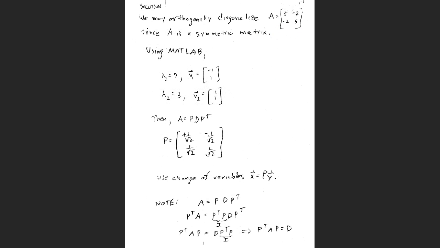So first of all, we recognize that we may orthogonally diagonalize matrix A. And where did I get that A from? The equation of the ellipse can be expressed as a quadratic form, x transpose times A times x.